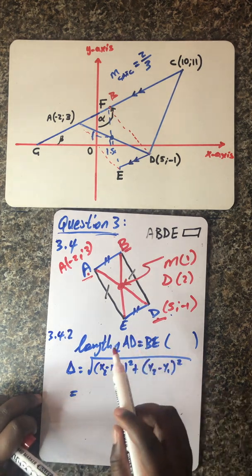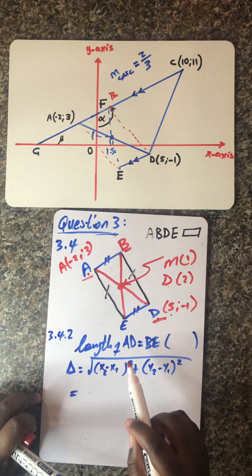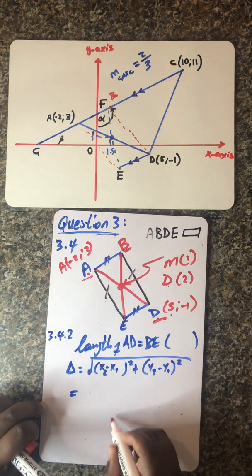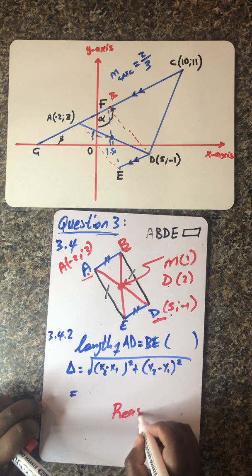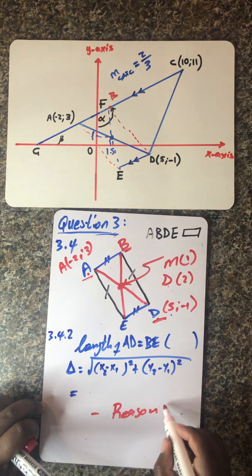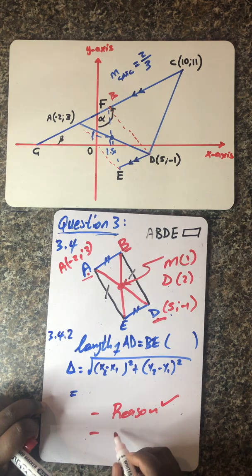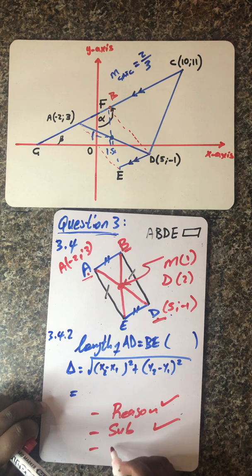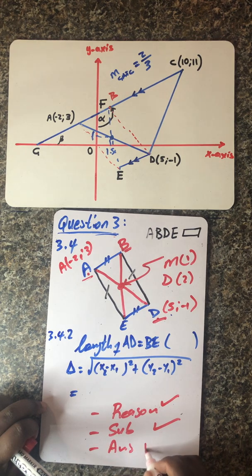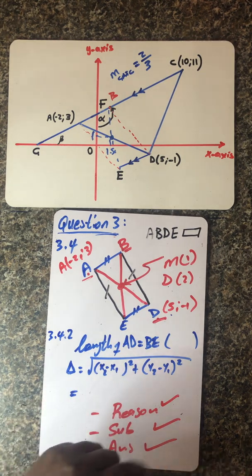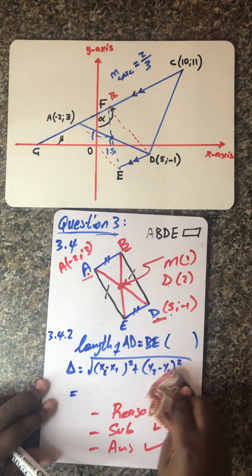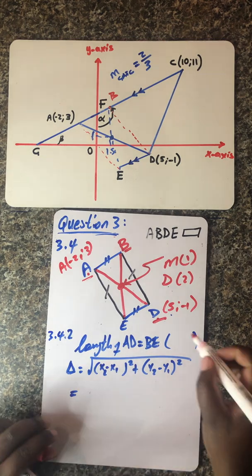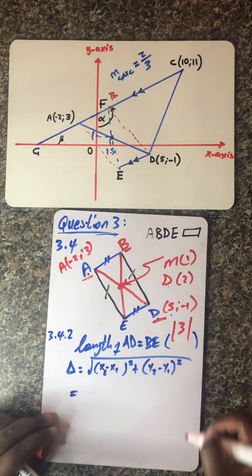You get your first mark for providing the reason, your second mark for correct substitution, and your last mark comes from the correct answer. This is the criteria they use to mark this type of question. That question was allocated 3 marks, so for this question we follow the same criteria.